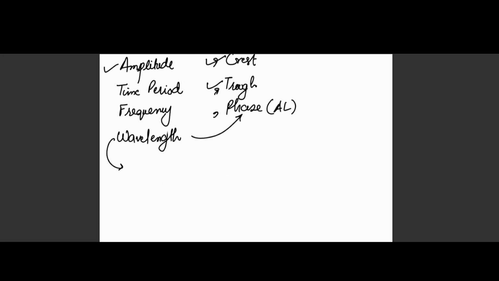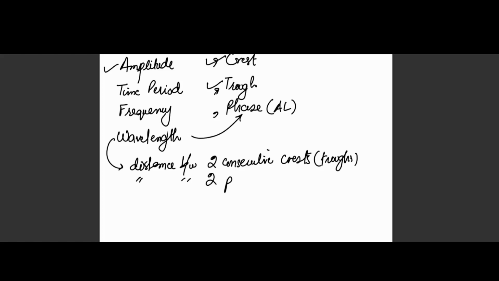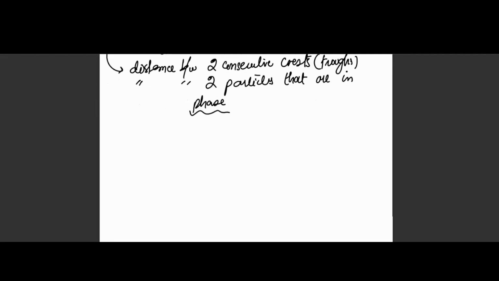So it says that it is the distance between two consecutive crests or troughs, as I've just shown, or it is the distance between two particles that are in phase. Now this is a new term, phase. Phase and frequency go hand in hand.